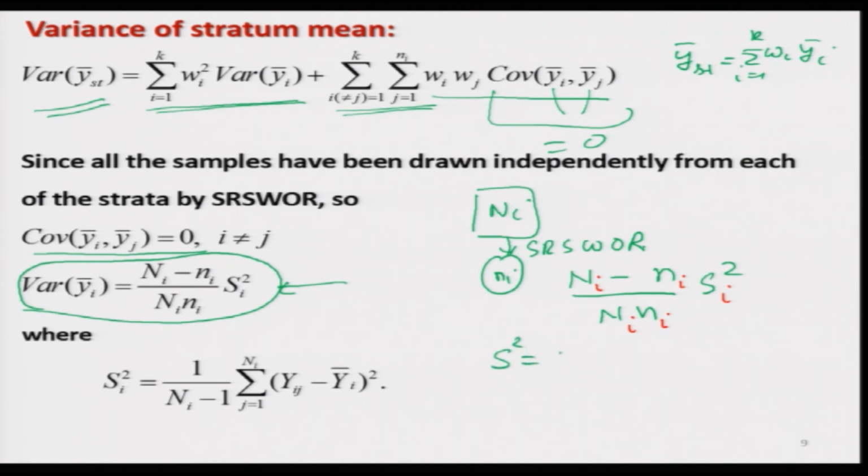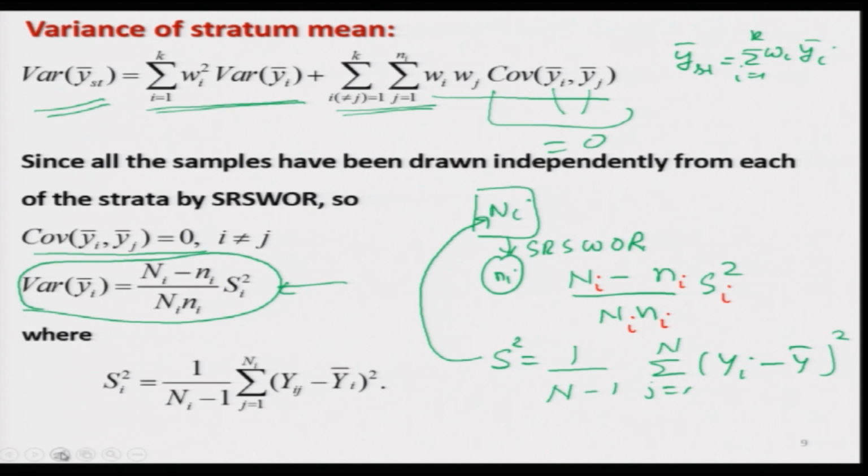And what is Si square? If you remember, S square was earlier the variance of the population which has capital N units. Earlier, S square was 1 upon N minus 1 times the sum, j goes from 1 to N, of yi minus y bar whole square.